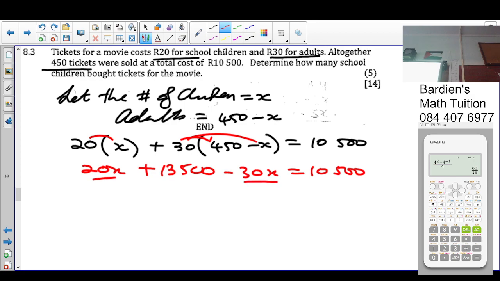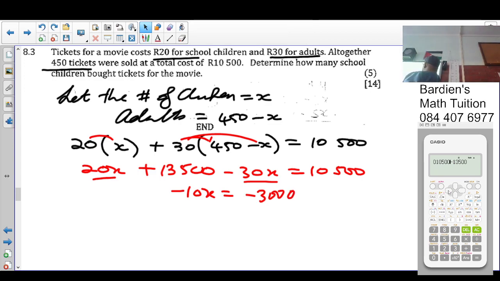So that, of course, is going to give you negative 10x is equal to 10,500 minus 13,500. Exactly. Negative 3,000. See, but I don't have that zero there. The zero doesn't have a place value.